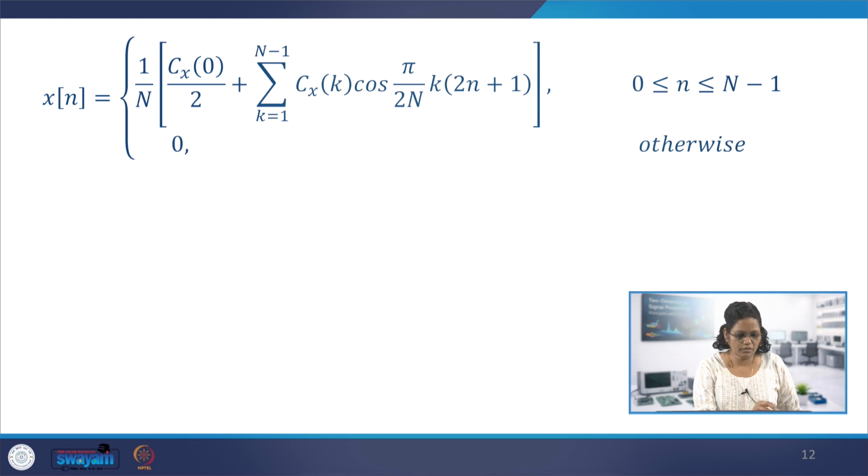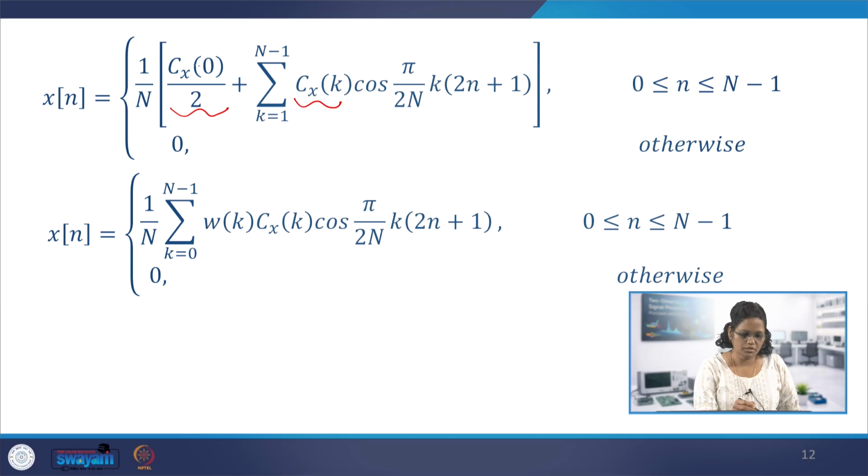So how do we obtain x of n after collecting? We take 1 by N, with k varying from 1 to N minus 1, though it should be k equal to 0 to N minus 1. The k equal to 0 component is taken separately. So C_x(k), the coefficient, multiplied by cos(pi k (2n plus 1) / 2N), this is the basis function. The k equal to 0 component is taken separately to get x of n, and it is 0 otherwise.